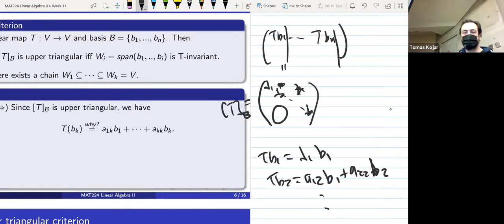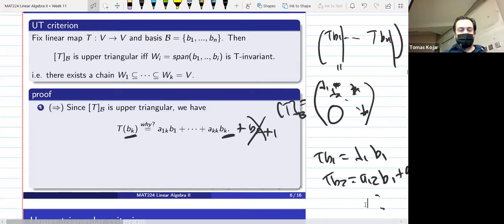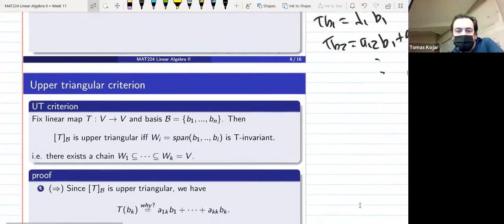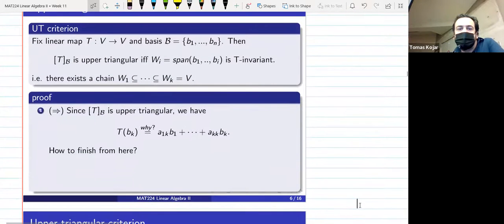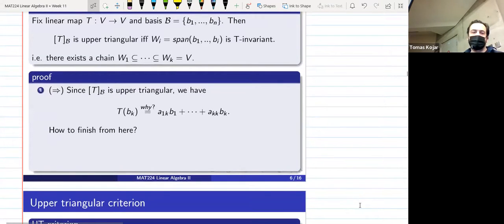So that means, in other words, if you evaluate TBK, on the right, you will always have BK being the last one. There's no BK plus 1. So that's the same as being upper triangular. Okay, and then, how do you finish from here? How do you show that these W_i are T invariant? Okay, fine.